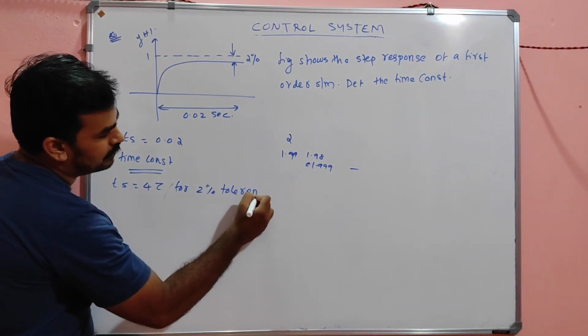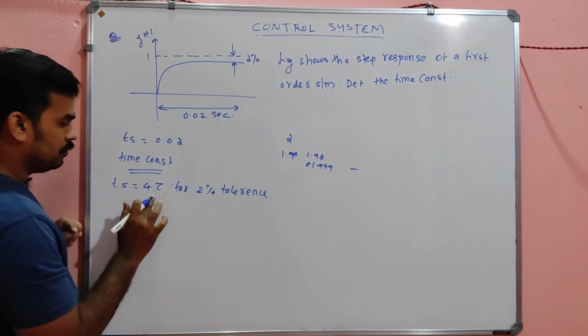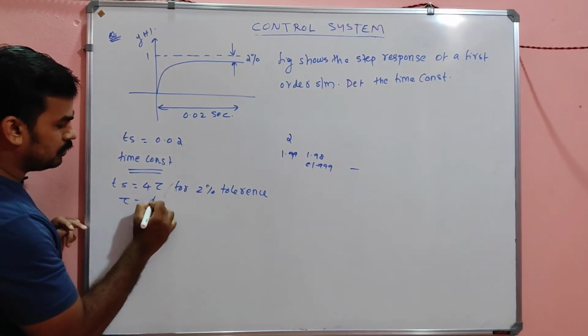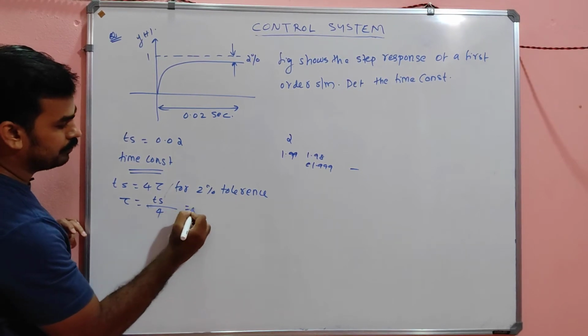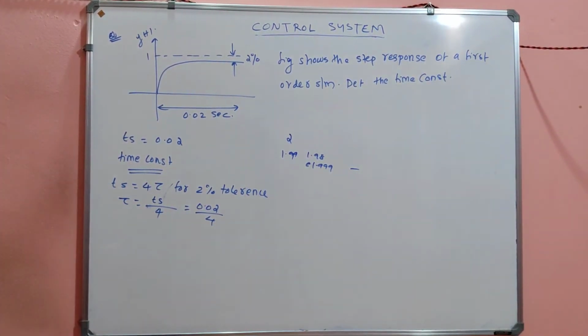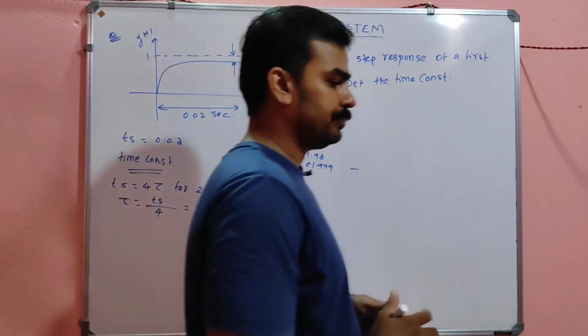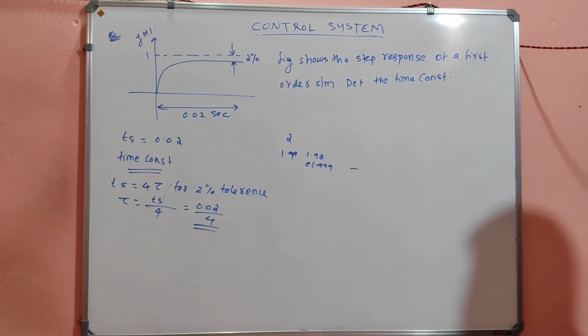Tau will be equal to TS by 4, that is 0.02 divided by 4. That will be the time constant.